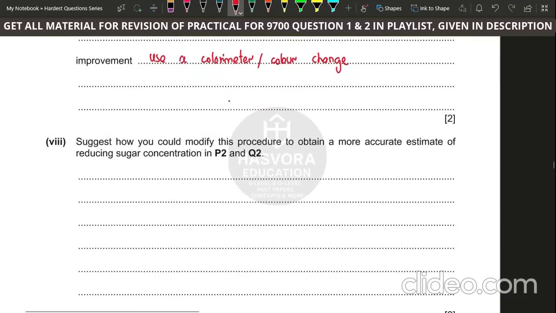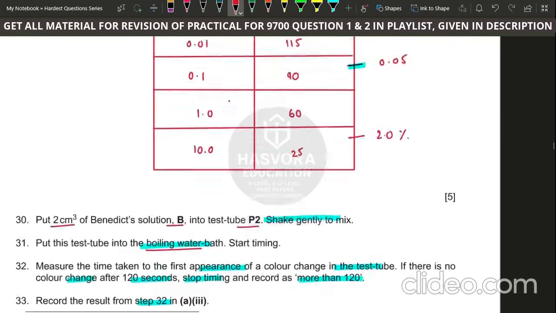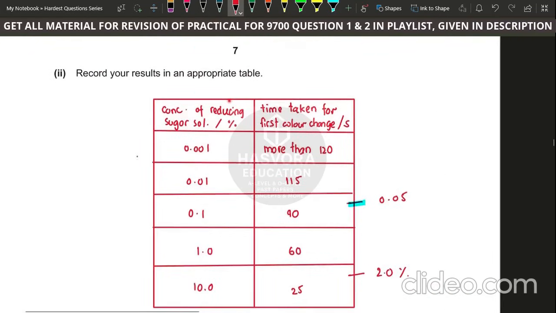Okay, then suggest how you can modify the procedure to obtain a more accurate estimate of the reducing sugar solution in P2 and Q2. Now P2 and Q2 are actually your unknown solutions, and here we are dealing with a very wide range of concentration. You can see that there is a very large difference by a factor of 10.